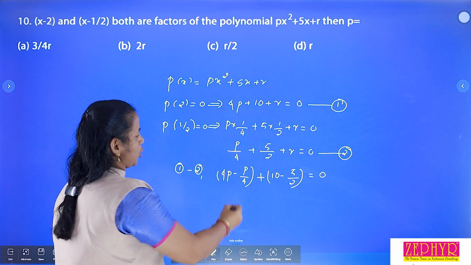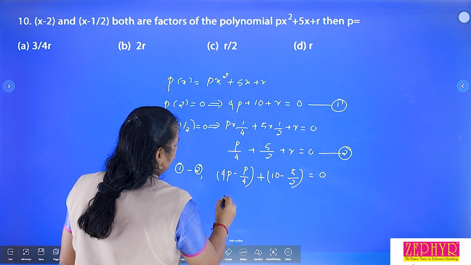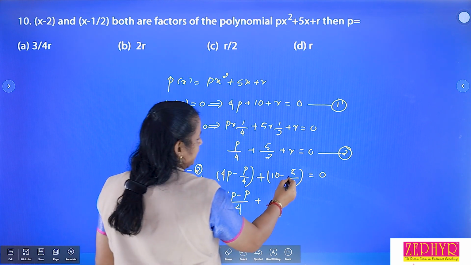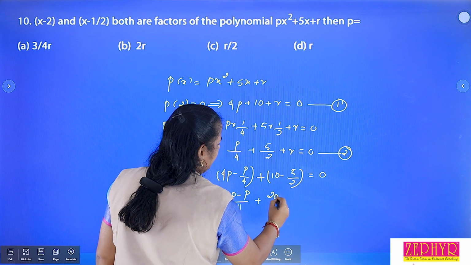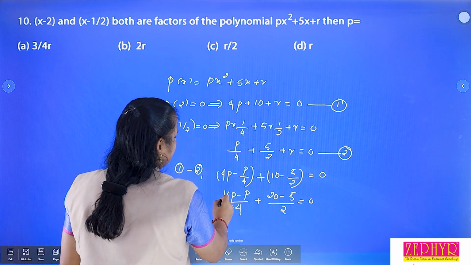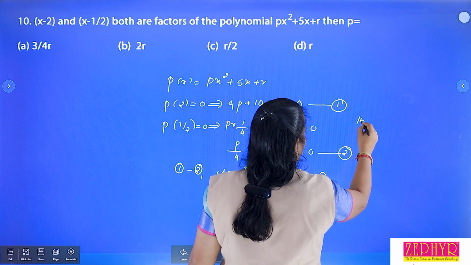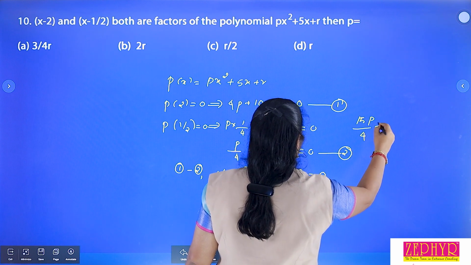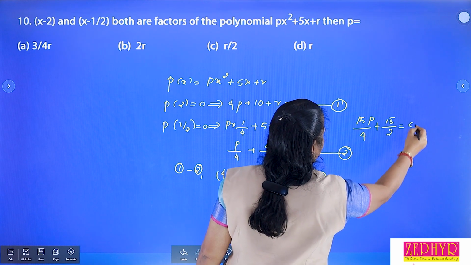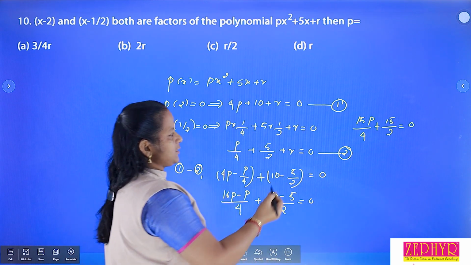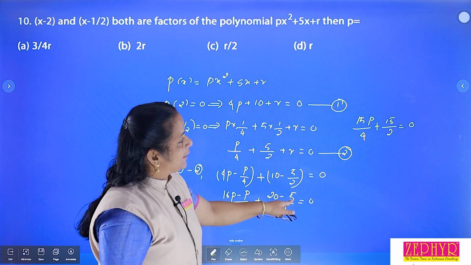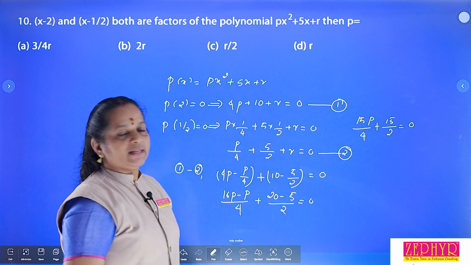r is cancelled. Solving these two terms, we get 4 into 4, 16p minus p by 4, plus, taking 5 outside, 20 minus 5 by 2, equal to 0. 16p minus p is 15p divided by 4 plus 20 minus 5, which is 15 by 2, equal to 0.